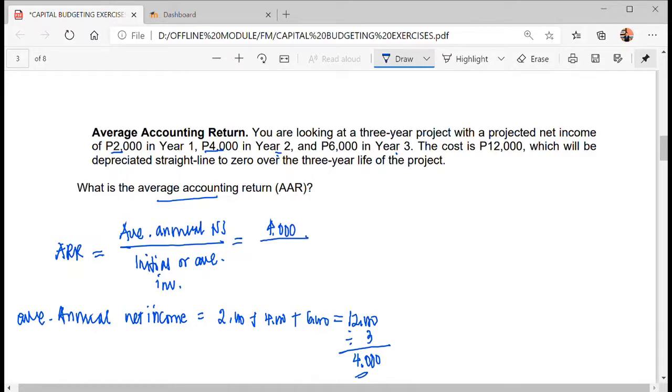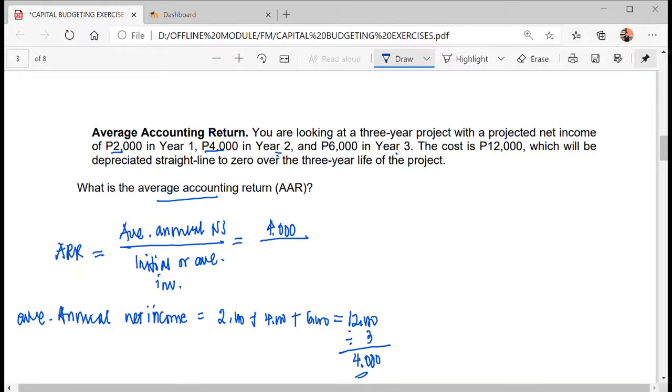The denominator depends on what the problem requires. It will say average accounting return based on initial investment or based on average investment. But if the problem is silent, you can use the initial investment.